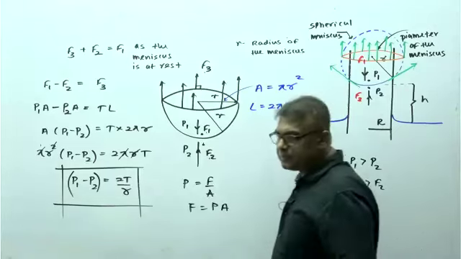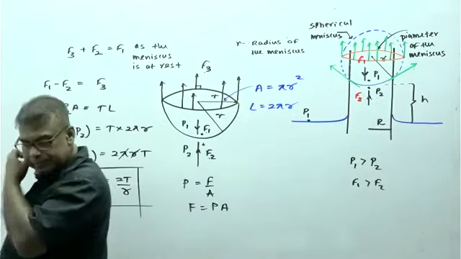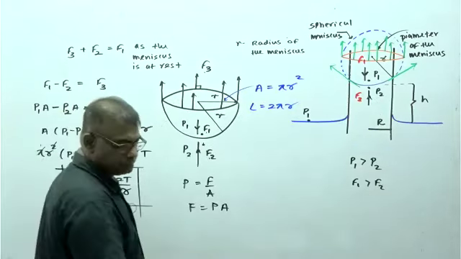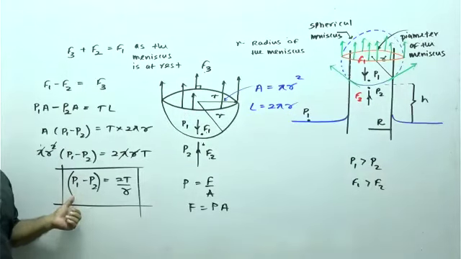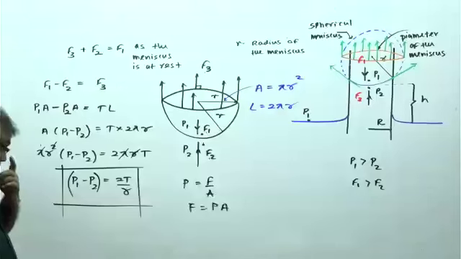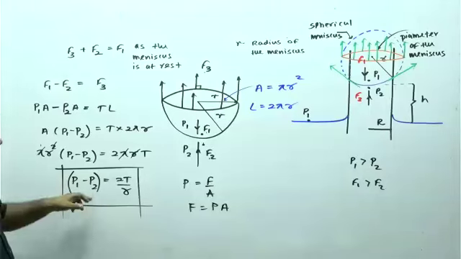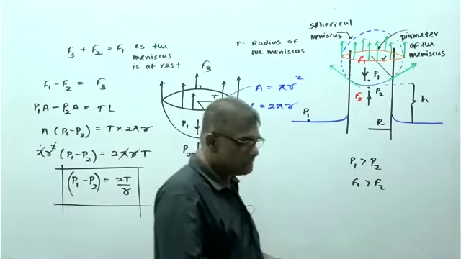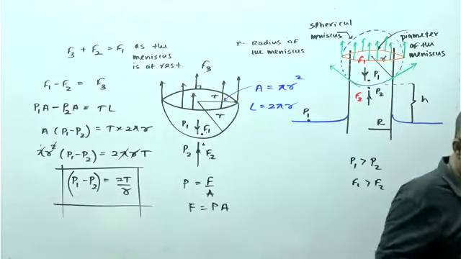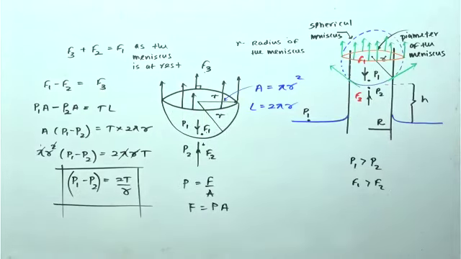Right, but identify the symbols. P1, P2 pressure. T, coefficient of surface tension.